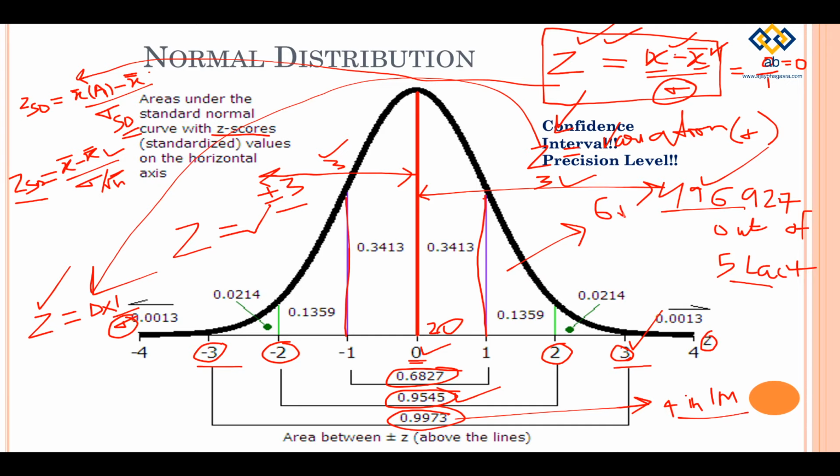This is why it is called 6 sigma, and it will give you a guarantee of 99.73 accuracy. 99.73 accuracy would mean that you are getting only 4 defects in 1 million, right?